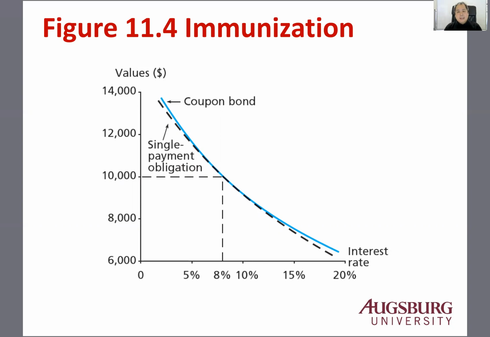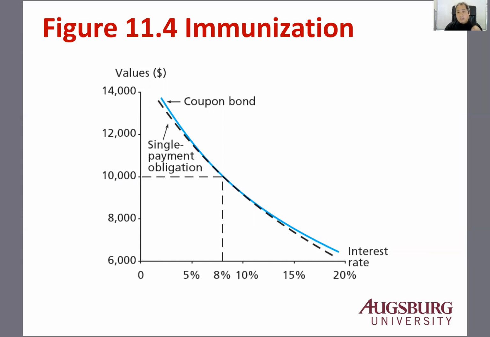And in fact, if you remember the very first part, the relation between the coupon bond and zero coupon bond. So the single payment obligation, it's a zero coupon bond, right?